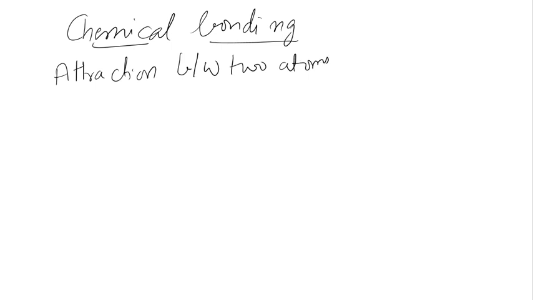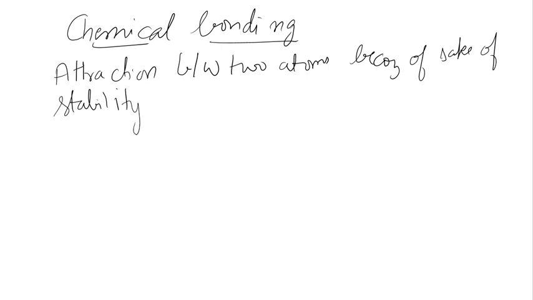Because of the sake of stability, because elements, atoms want to attain stability. Another reason is to share and transfer electrons. So this is the chemical bond.